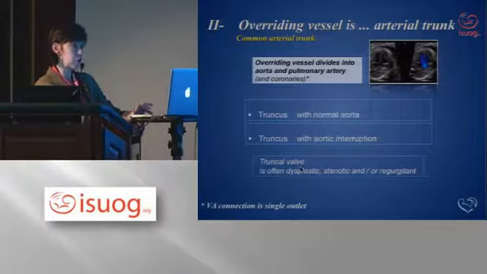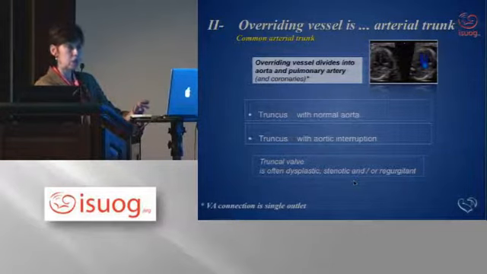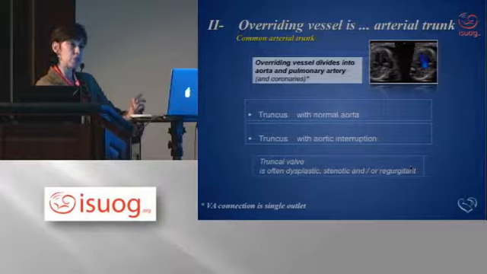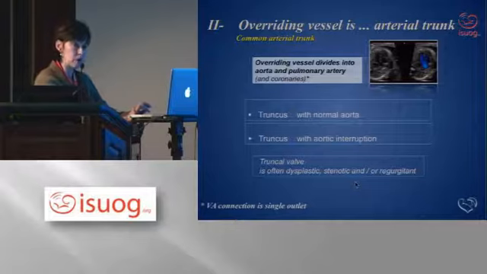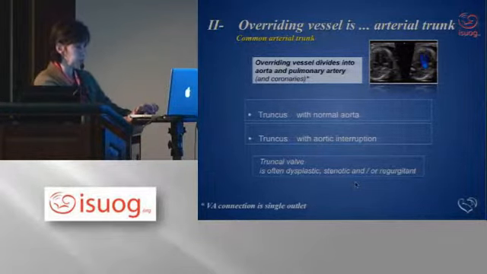But a truncal valve, usually a clue, is that it is often dysplastic, stenotic, and/or regurgitant. I have actually seen quite a few trunks prenatally with a relatively good valve, but the valve is very important. It gives you a clue that that may be a trunk rather than an aorta, and depending on how well that valve works, we have different prognosis for the baby postnatally.